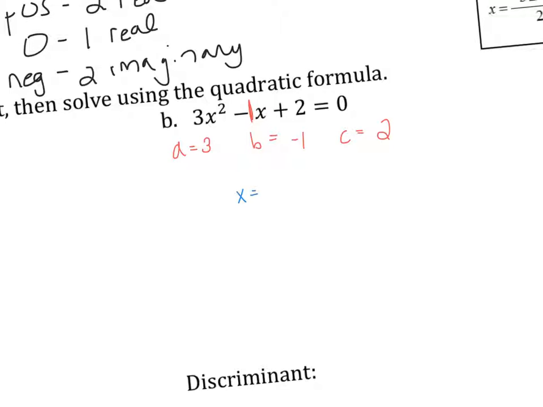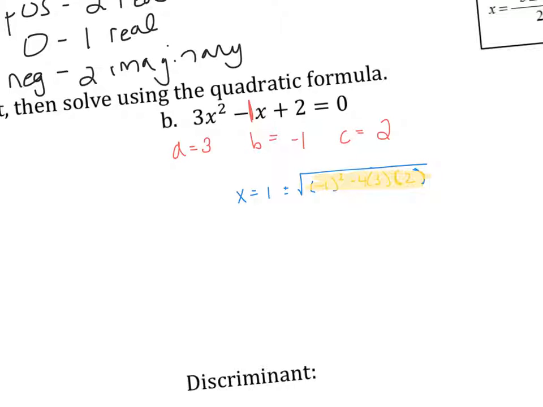X equals opposite of B, so B is negative 1, so 1, plus or minus square root of B squared minus 4 times A times C. Now I want you to practice typing in that discriminant into your calculator. Pause this right now, and type this part into your calculator without the square root.